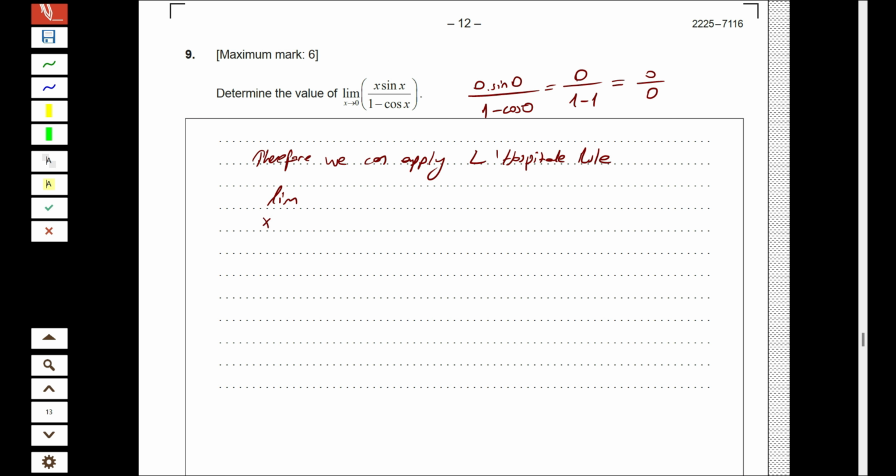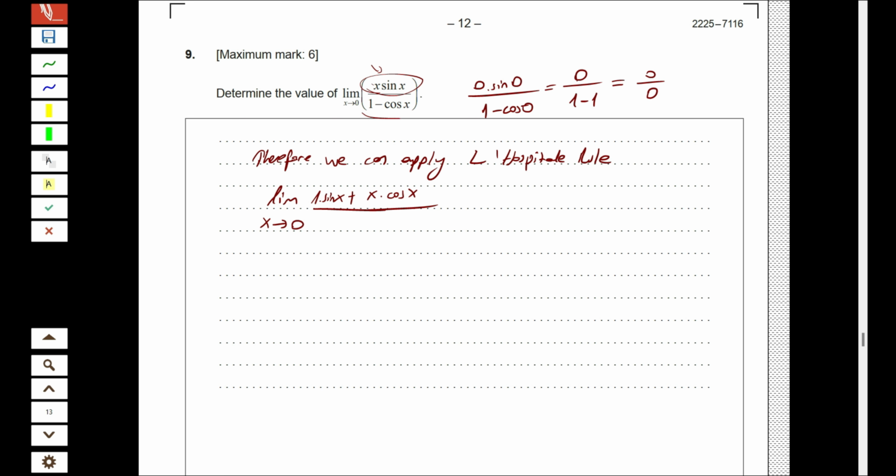So the limit as x approaches 0. Let's find the L'Hopital rule: we find the derivative of the numerator and denominator. First, let's find the derivative of the numerator. We use the product rule, and the derivative of x is 1. So 1 times sine x plus x times the derivative of sine, which is cosine.